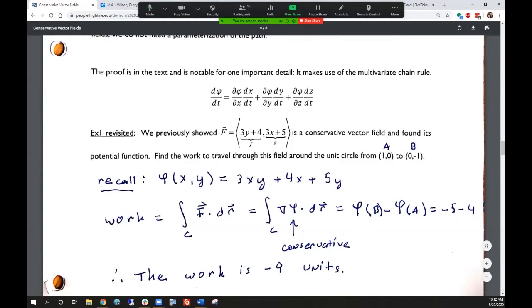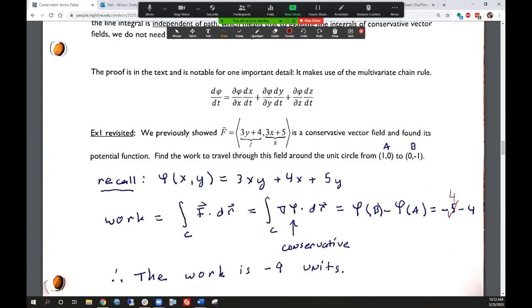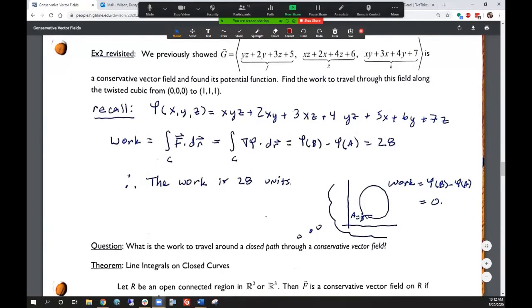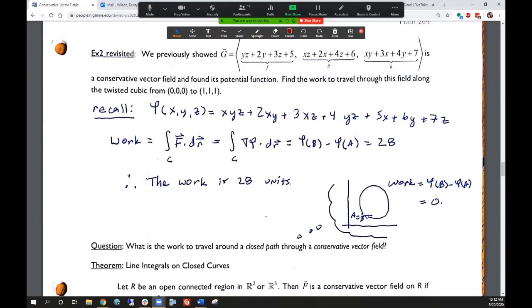Notice that the only challenge in answering this question is that you have to know what that potential function is. And we actually did all the hard work yesterday when we were finding those potential functions. Example 2 revisited is just like the one we just did, and picks up on the question from the end of class yesterday.